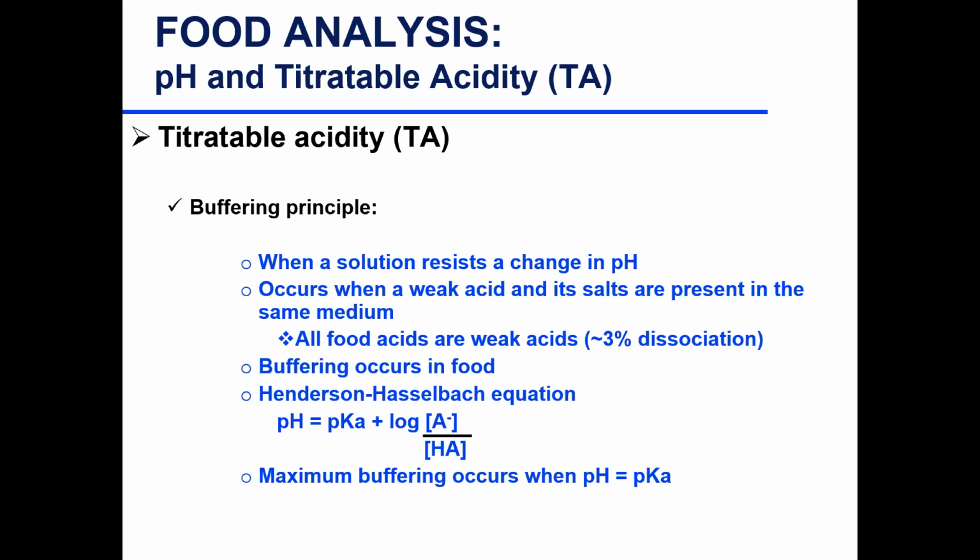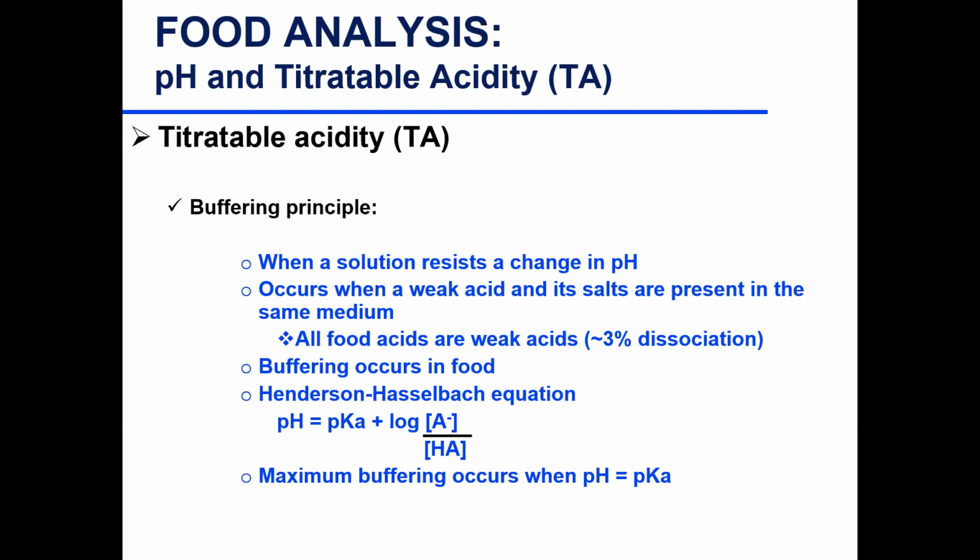So if you're titrating an acid solution with NaOH or a base solution, when you add your OH minus coming from the base, the organic acid, because it buffers, will give up a proton and thus resist the change in pH.